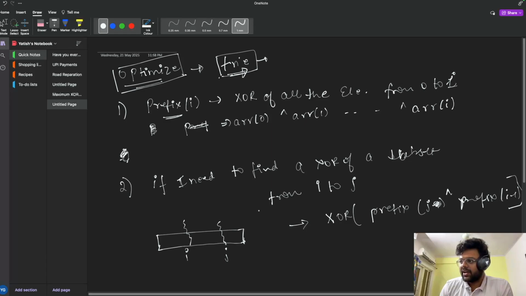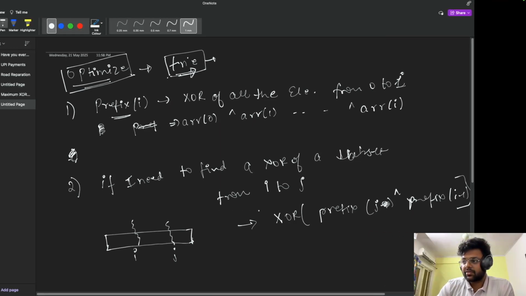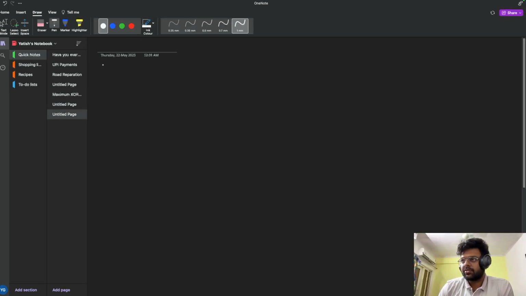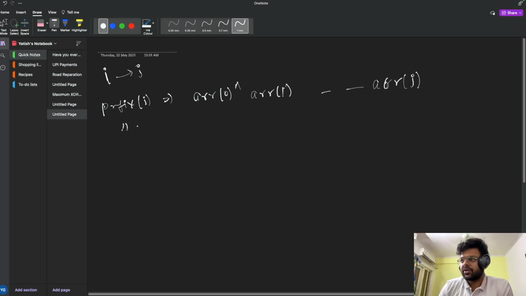Let's see how we came to this observation. We know that prefix of j would be ARR of 0 XOR ARR of 1 till ARR of j, and similarly for i, it would go till ARR of i.